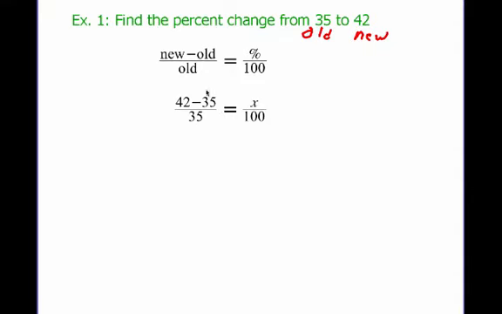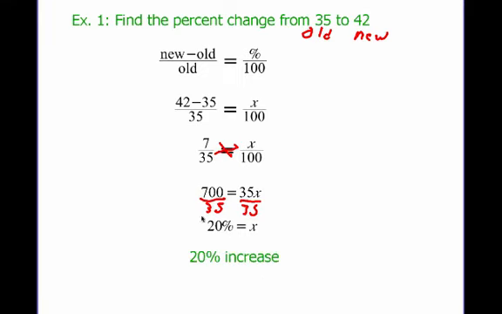Our next step is to do this subtraction. 42 minus 35 is 7. So I get 7 over 35 equals x over 100. Now we want to cross multiply. 7 times 100 is 700, equals 35x. Divide both sides by 35, and I get 20%.